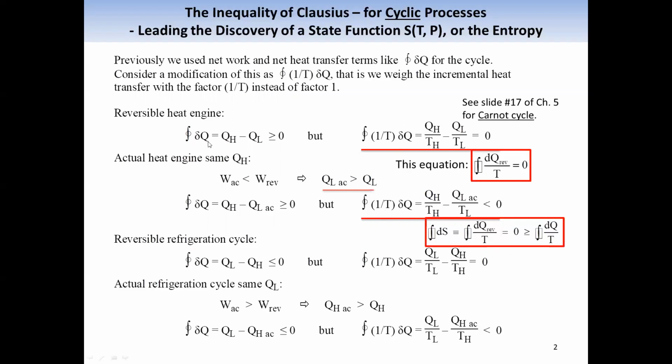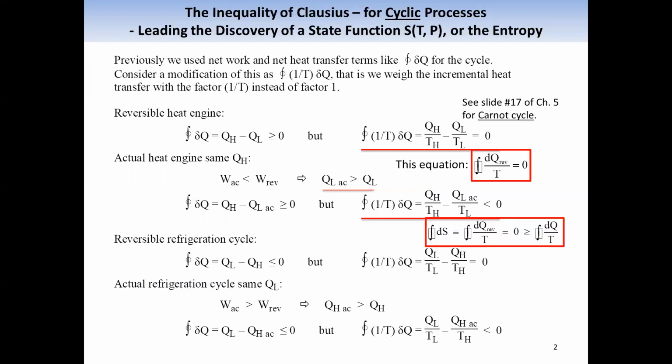Okay, let's look at the first equation for the reversible heat engine. As we recall, when we analyze a heat engine that involves 4 consecutive processes, 2 of them are adiabatic, 2 of them are isothermal.